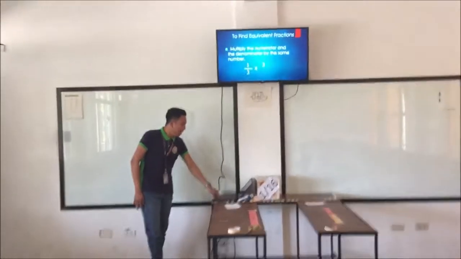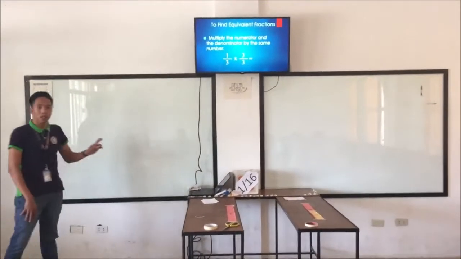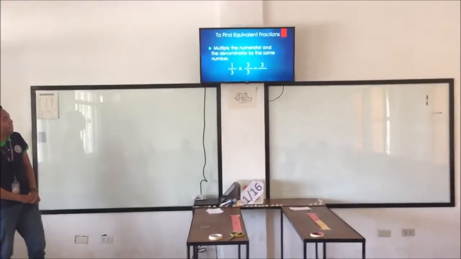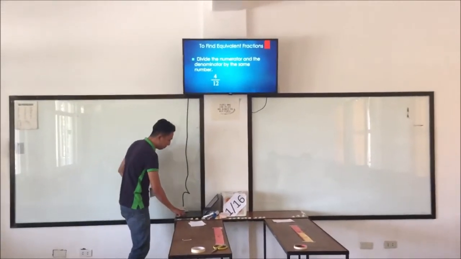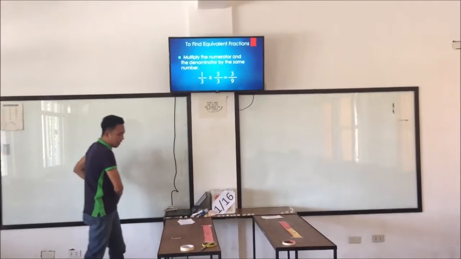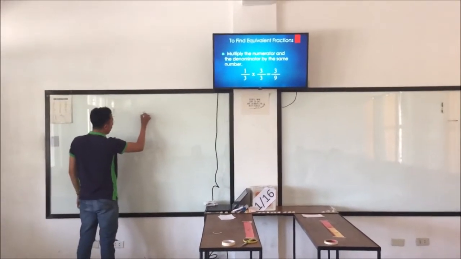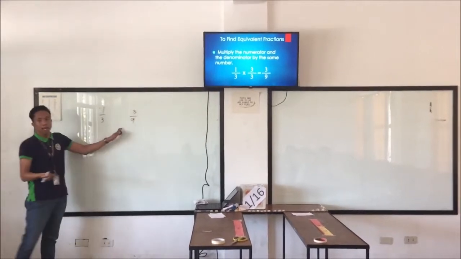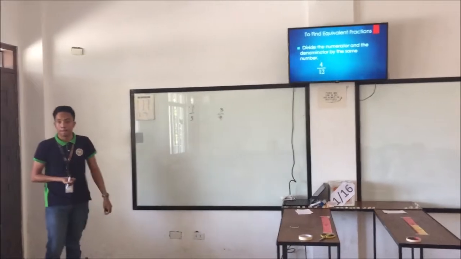Okay, so to find equivalent fractions, first is multiply the numerator and denominator by the same number. For example, our given are 1/3 and 3/9. So let's see if the two fractions are equivalent.